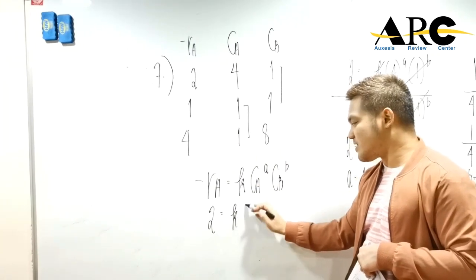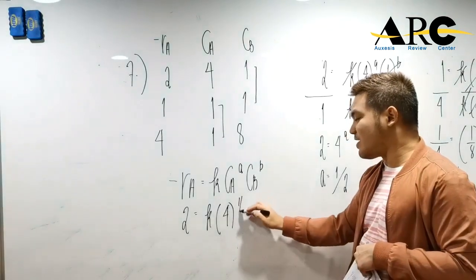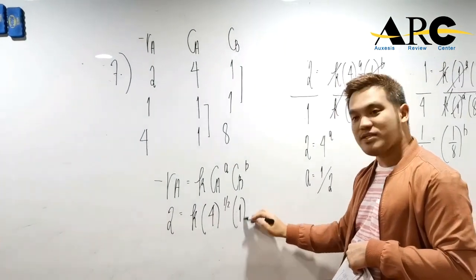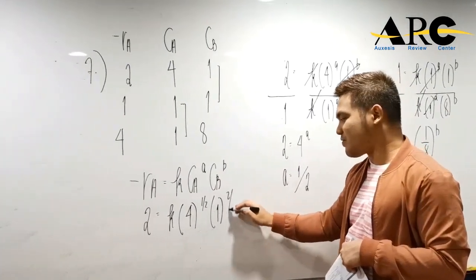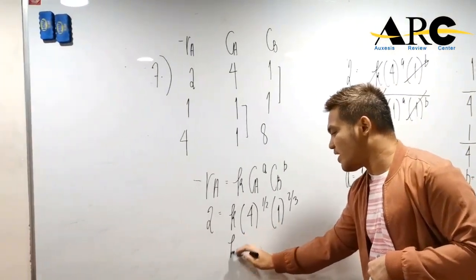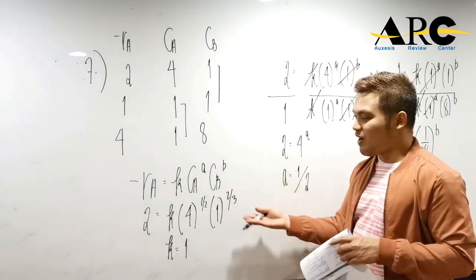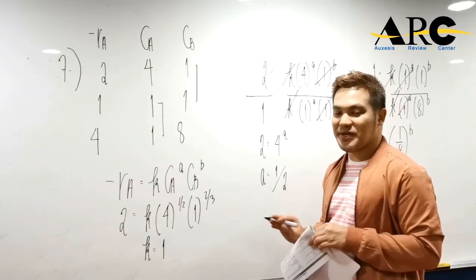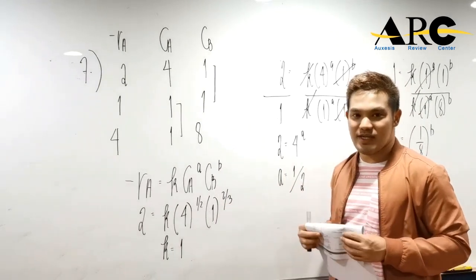Ang value ng CA natin is 4, niraise natin yan sa 1/2. Ang CB is 1, and then niraise natin sa value ng B na 2/3. Ang makukuha natin value ng K is 1. So, ganyan kumuha ng order and rate constant kapag given tayo ng mga concentration.